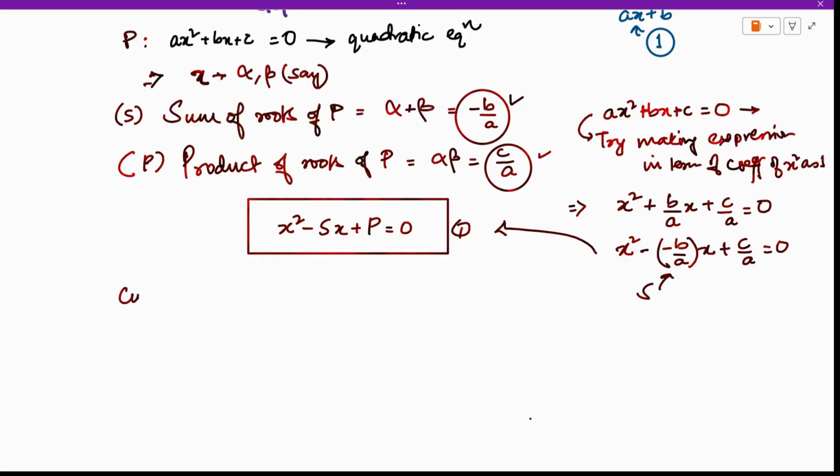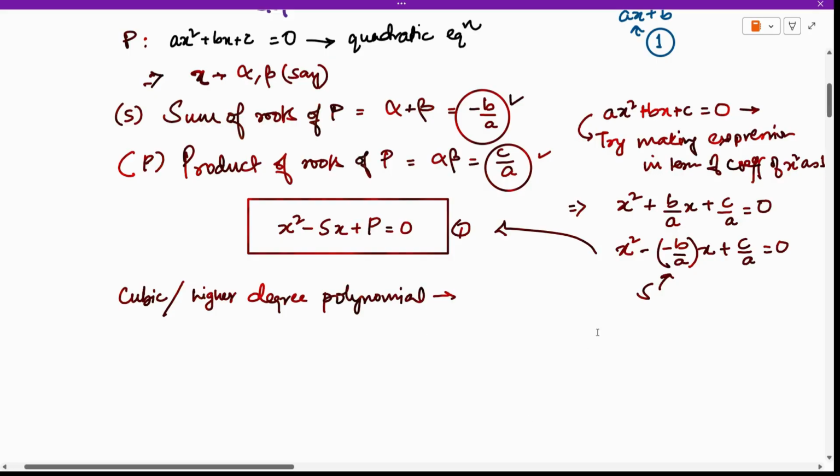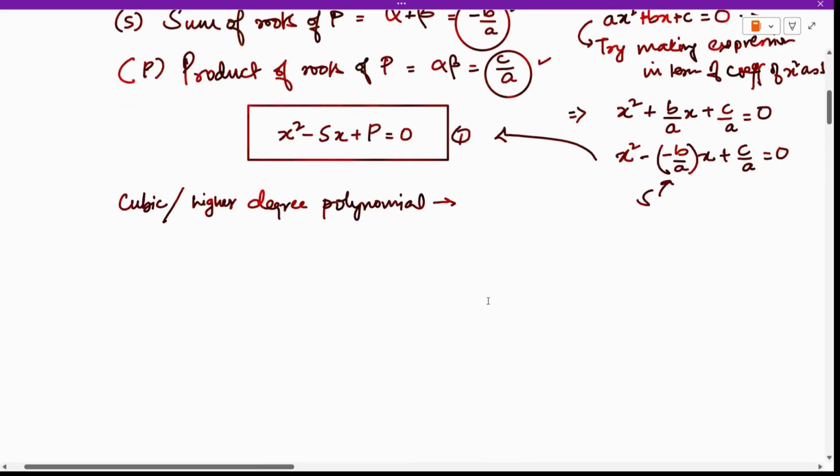Similarly, for cubic or more higher degree polynomial, right? What happens is that same thing, sum of roots, but this time taking one at a time.